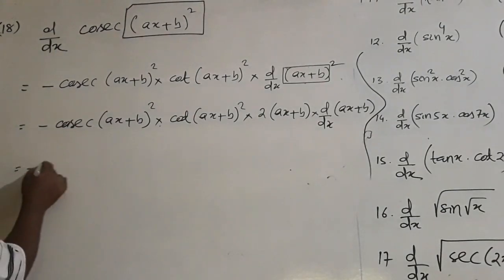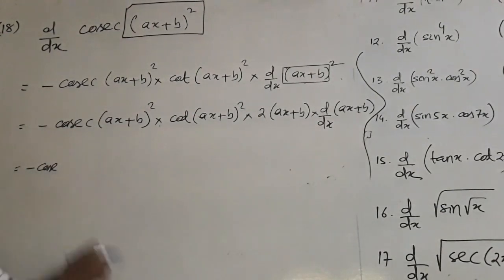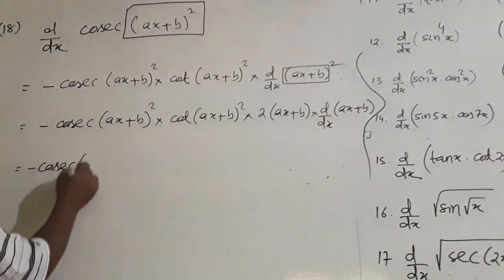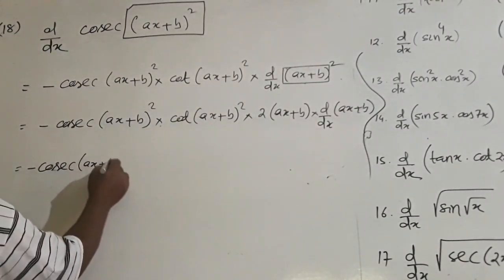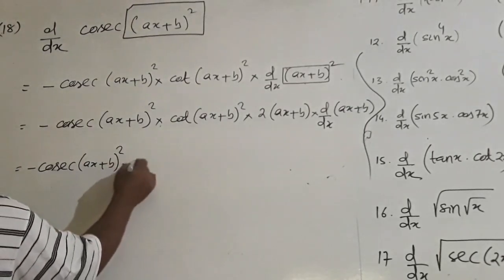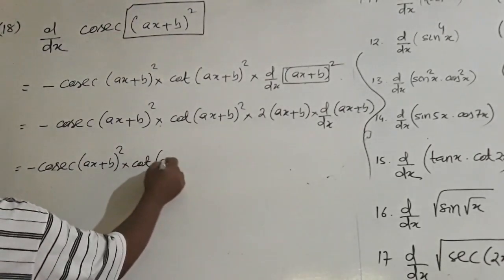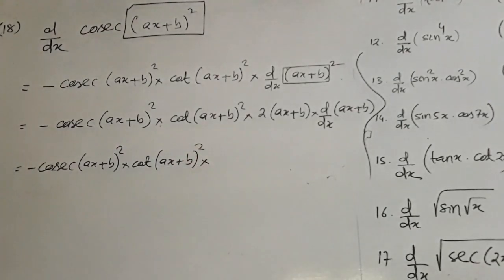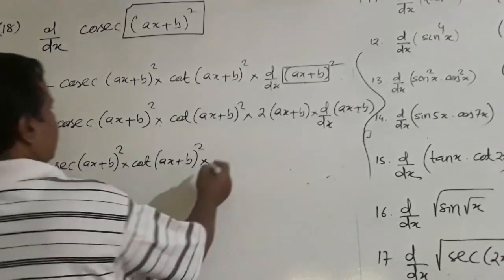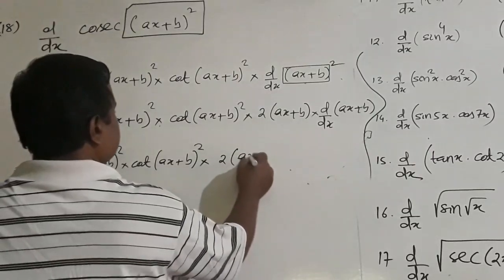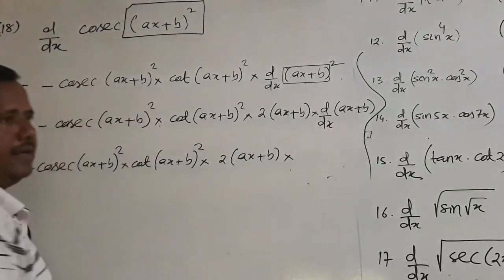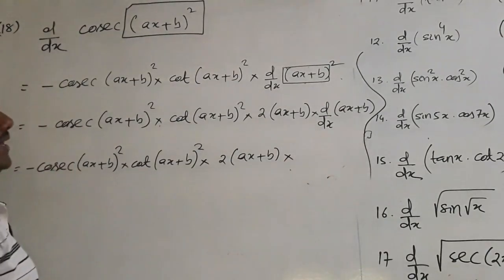The answer will be minus cosec ax plus b square into cot ax plus b square into 2 into ax plus b, and derivative of ax plus b, derivative of ax is a, derivative of b is 0.